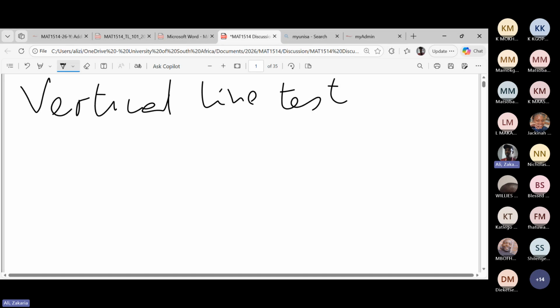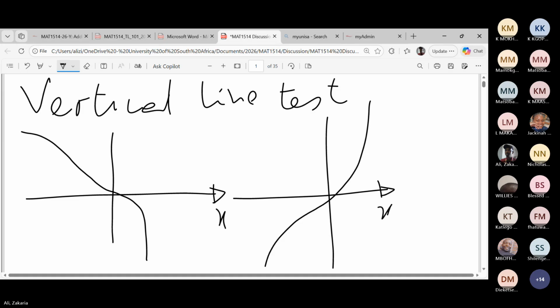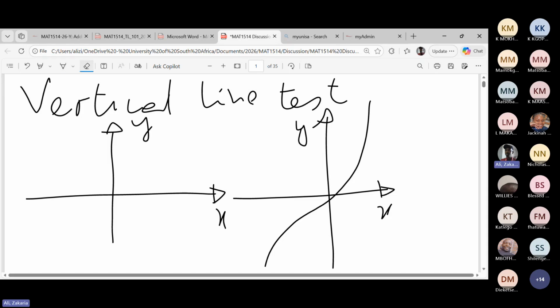Let's say I take a graph like this, maybe something of this nature. Or I take another graph, maybe of this nature, right? Let's say that is x, and that's the y value. Something of that nature.